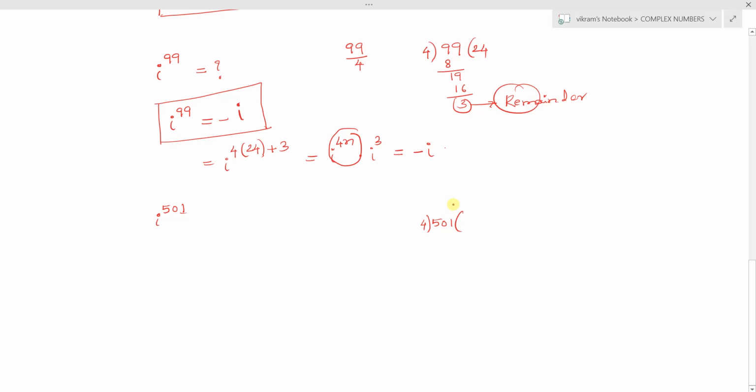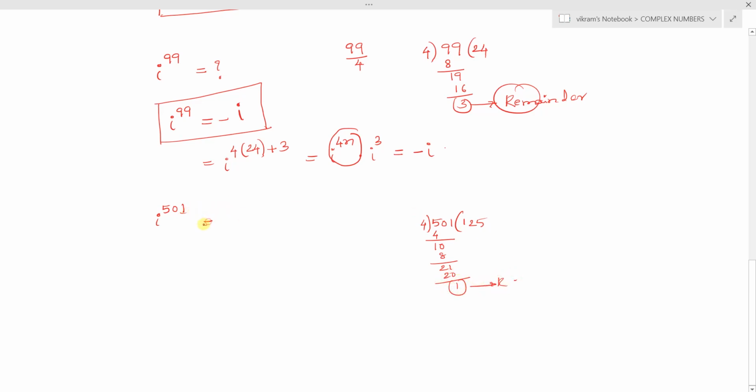So if we divide 501 by 4, what will we get? 4 ones are 4, 10, 4 twos are 8, 21, 4 fives are 20, remainder 1. Now we are getting the remainder as 1.